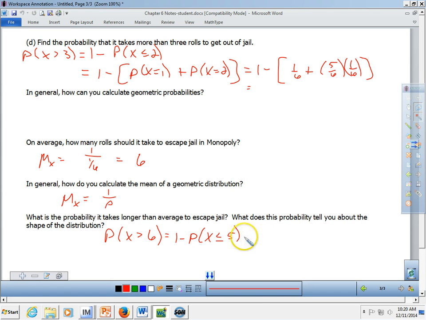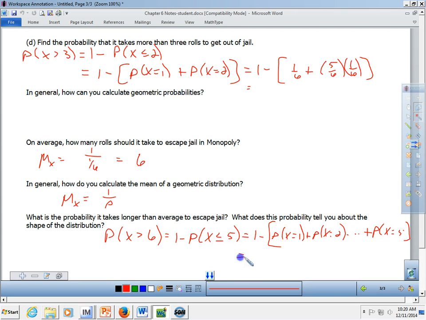That's the complement. So technically, you'd want to do 1 minus the probability of x being equal to 1 plus the probability of x being equal to 2 all the way out to the probability of x equaling 5, and you'd be done.